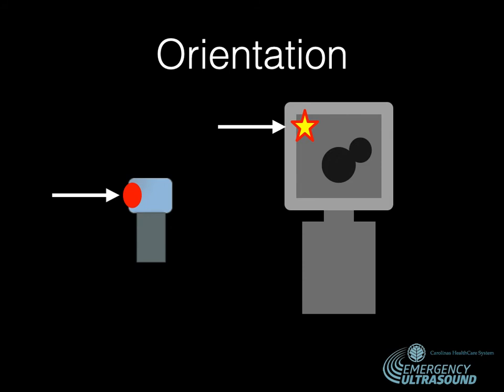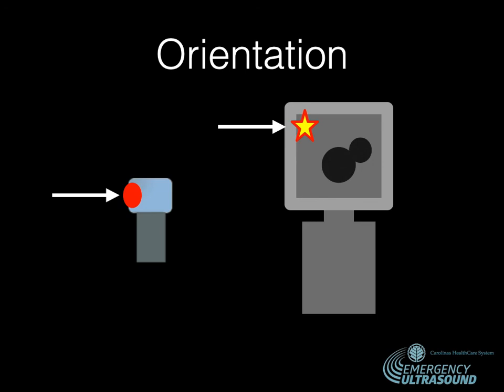Finally, we have to know our ultrasound orientation. So every ultrasound probe is going to have a probe marker on one side of it. So look for that probe marker, learn where it is on every ultrasound probe that you pick up. This probe marker then corresponds to a little dot that is located normally in the top left of the screen.